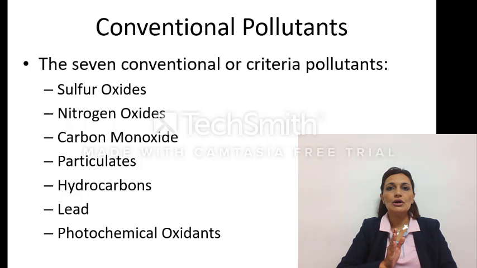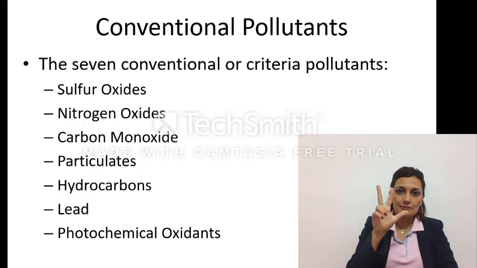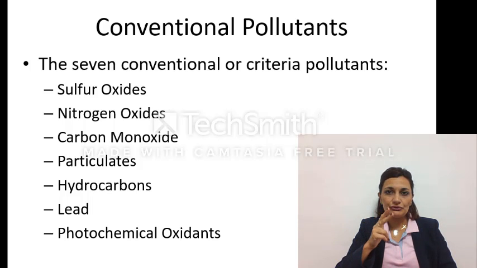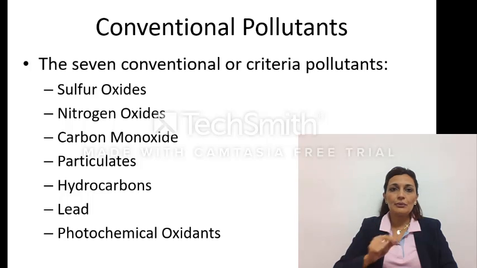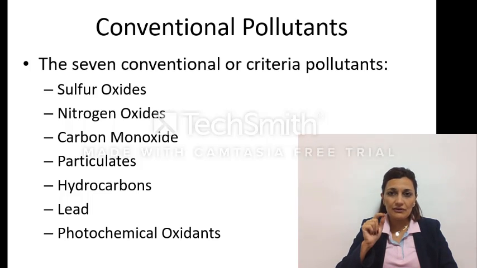Now what we will do, we will go through each of these pollutants, we will see how it is emitted and its effect. So 3 points: the type, the source of emission, and the effect of each pollutant. Now when we return back, I will distribute a summary table where we have the briefing on each of the pollutants.